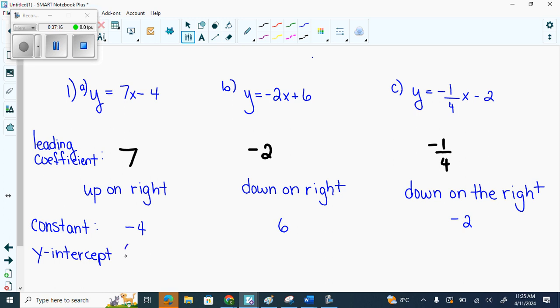So this one is going to be -4, comma 0. Would you agree? You write out the other two. Should not be a long task.